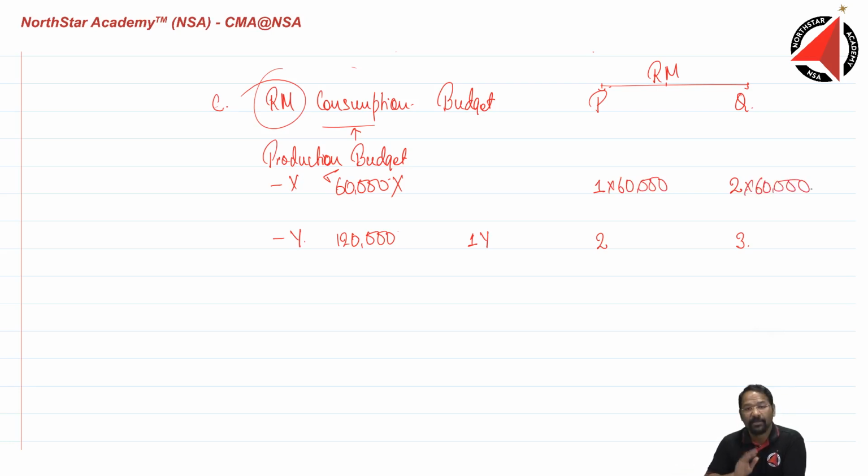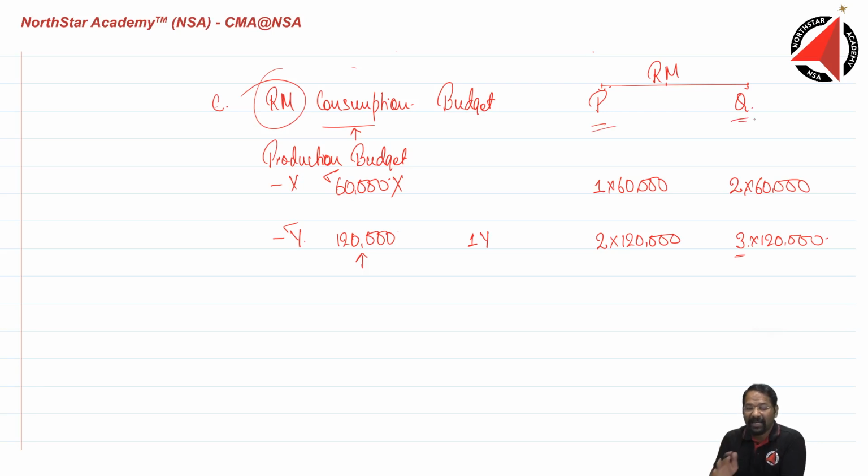Very basic. Similarly, if I want 120,000 units of Y, then I should do 2 into 120,000 units and 3 into 120,000 units. Agreed?